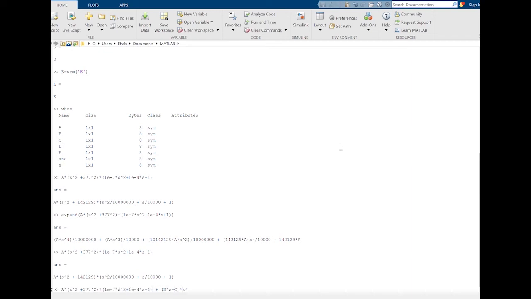I'm just combining all the partial fractions together to get one polynomial in the numerator that I can compare with the original numerator to get the values for the constants a, b, c, d, and e. So this is b s plus c times s, and then times this expression.